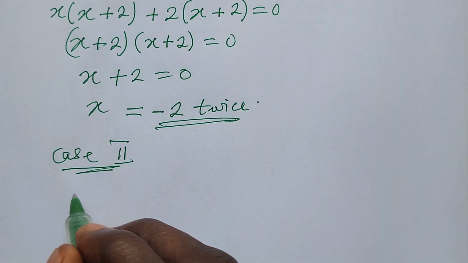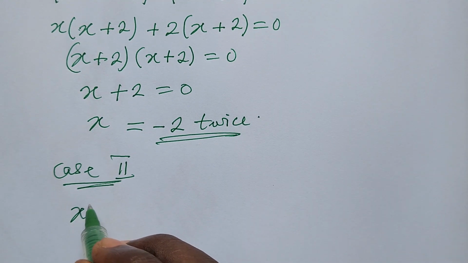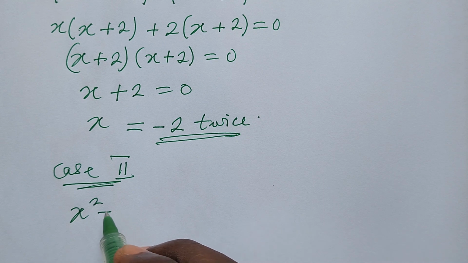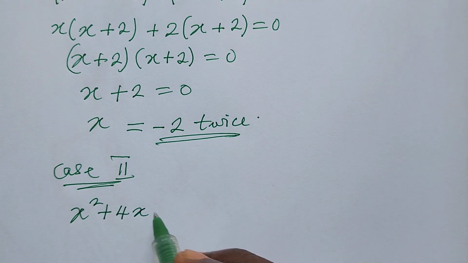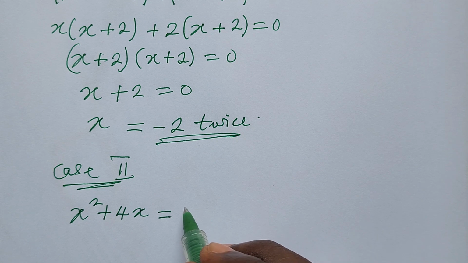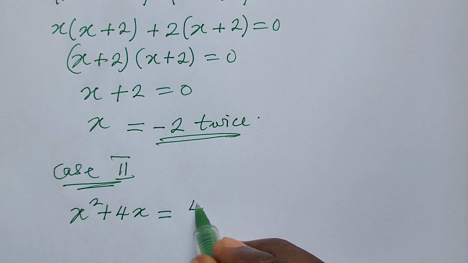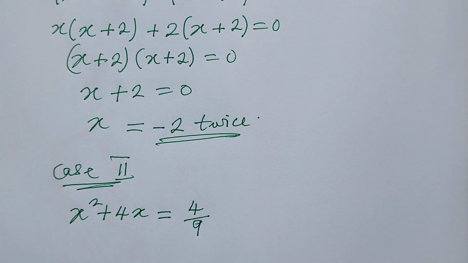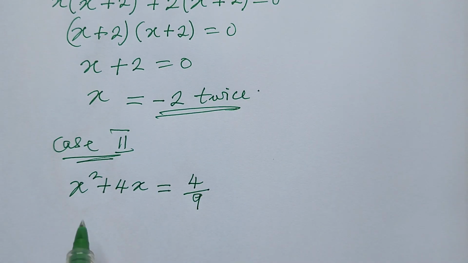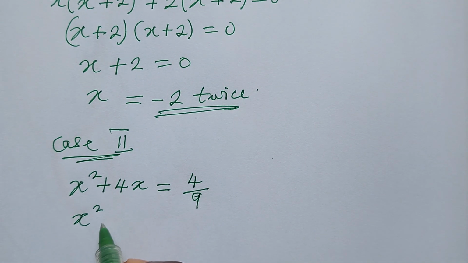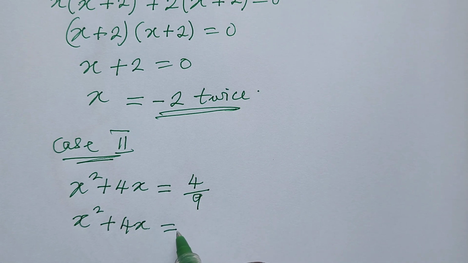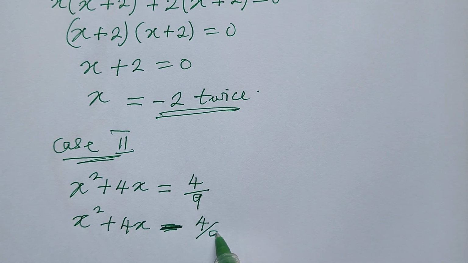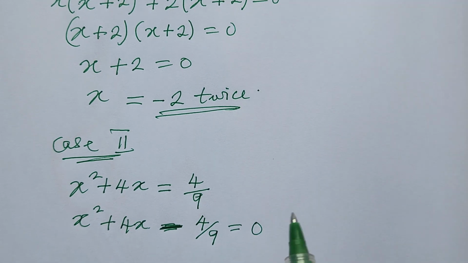So again, we have our x to the power of 2 plus 4x now be equal to 4 all over 9. So move this to the side, it will give us x to the power of 2 plus 4x minus 4 all over 9 equal to 0.